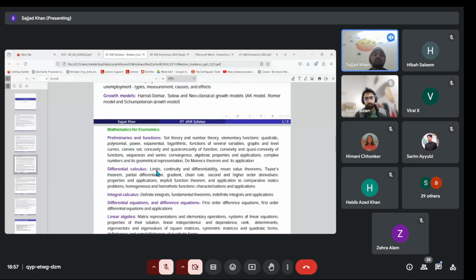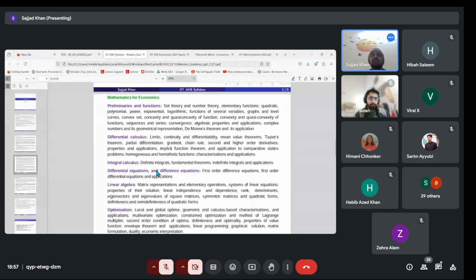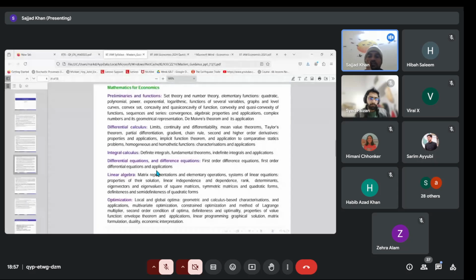Now we should talk about mathematics for economics. The guys who have a background in economics, meaning they did it in 12th class, it is really helpful for them, and guys who opted for mathematical economics in fifth semester, it also helps them. But the mathematical level which they ask in JAM is, I think, more than what is studied in fifth semester.